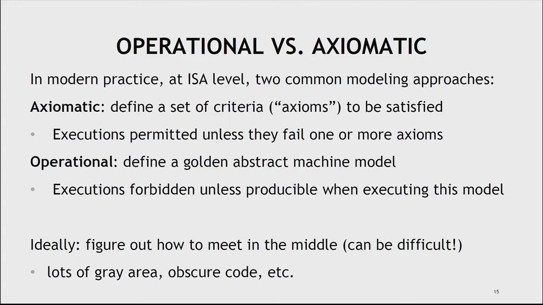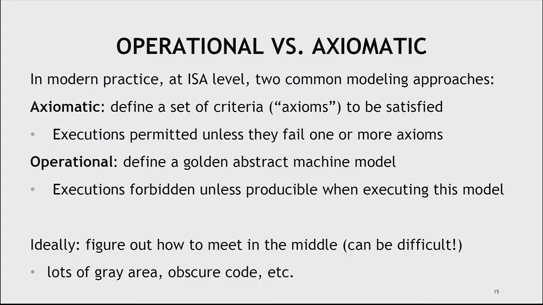So we made an explicit decision from day one not to focus on one versus the other and start a war about which one is better, kind of like a Vim versus Emacs kind of war. Instead, we put a lot of effort into actually having both. And so we have two different versions of the axiomatic model formalized. We have one operational model formalized in addition to our rules that are in natural language in the spec. So we have all of the above.